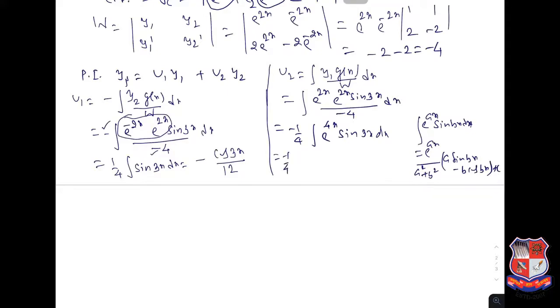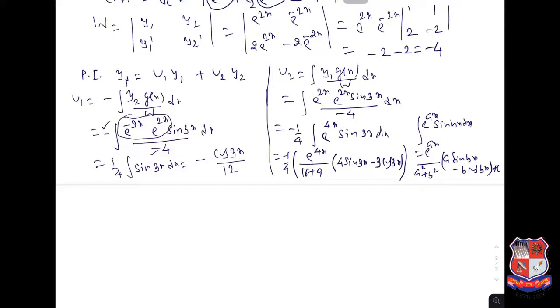So we are using that. Minus 1 by 4, this is e power 4x over 16 plus 9. A is 4, so this is 4 sin 3x minus 3 cos 3x.